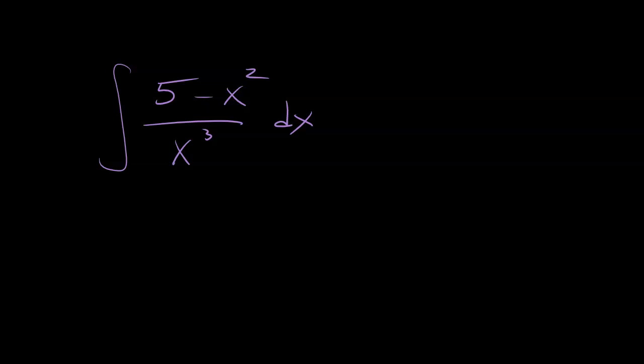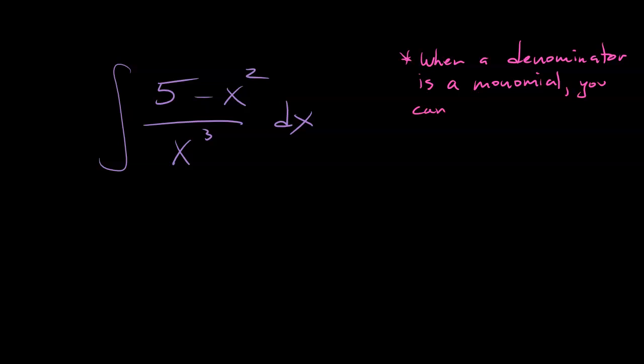So when the denominator is a monomial, as in this specific situation, you can divide it out or bring it up and multiply it out.